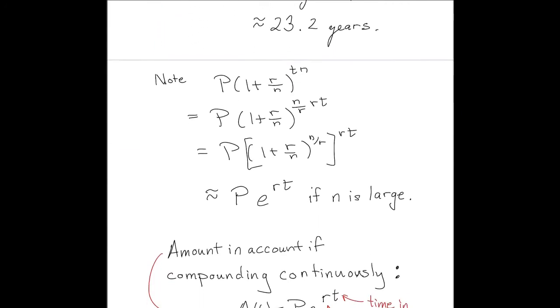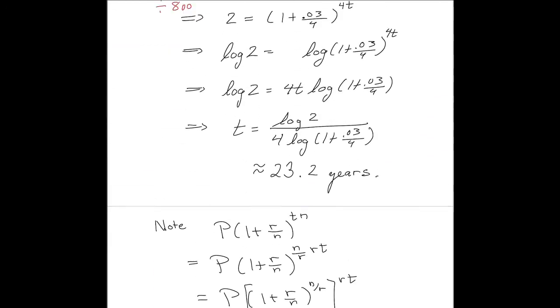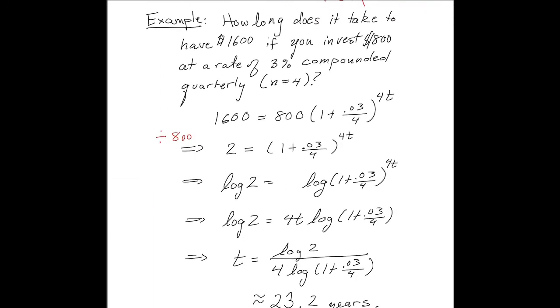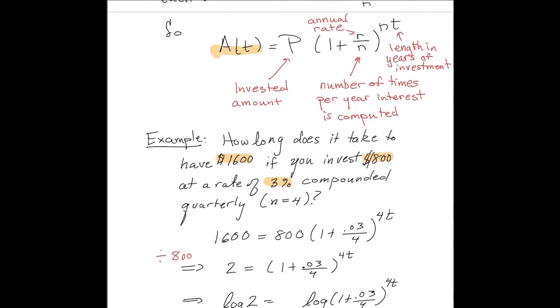Okay. By the way, in general, for a problem like this, what you want to do is identify each of the numbers given to you in the problem as part of your equation, as part of your A, P, R, N, or T, and then solve for whatever you're looking for. It may not be T. I'm solving for T here because that's where the logarithms come in.